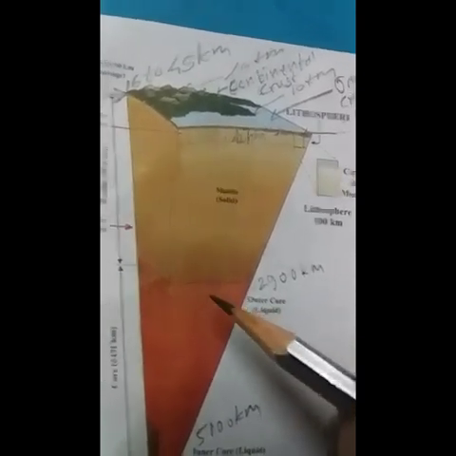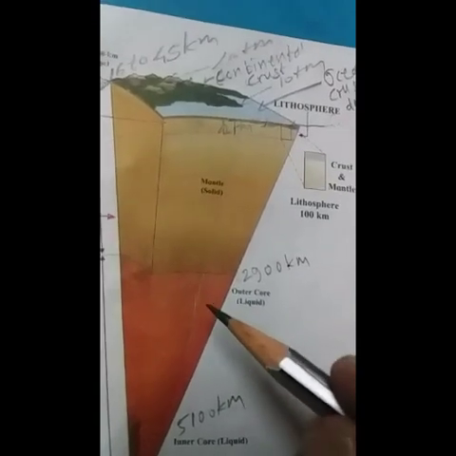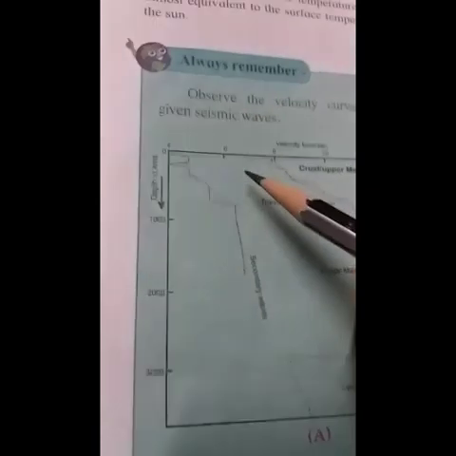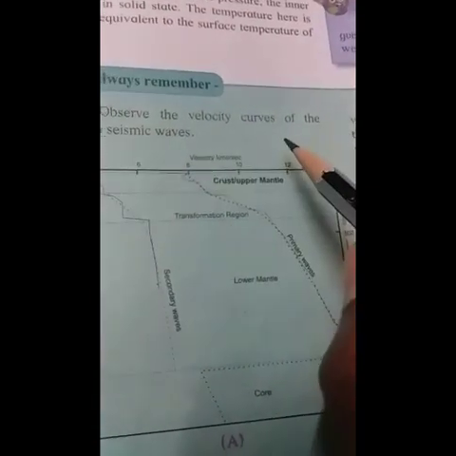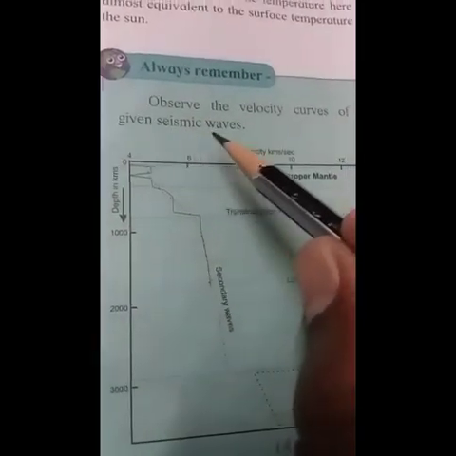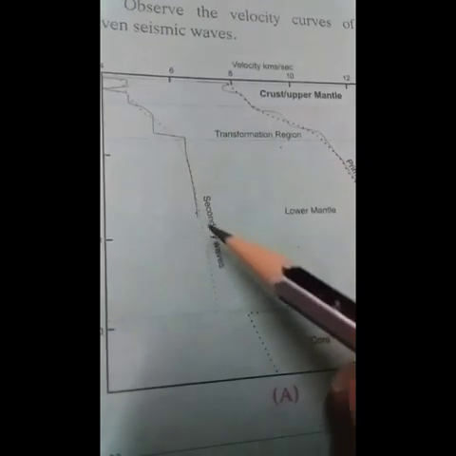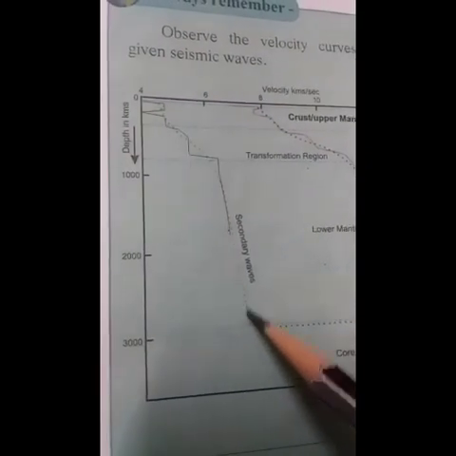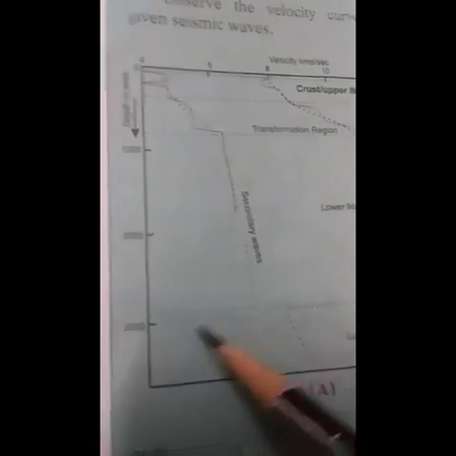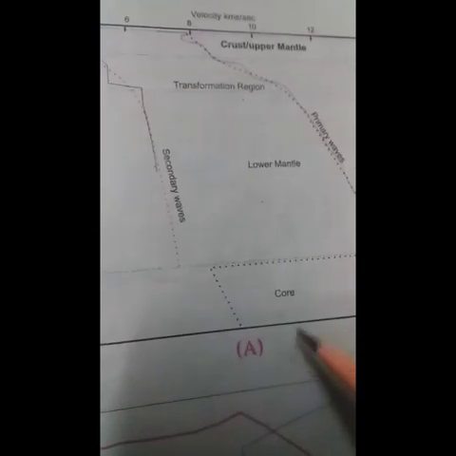The secondary waves cannot pass through the core. They get absorbed in this region. And now look at this figure of the velocity curves of the given seismic waves. Look at this curve of seismic waves. See how the seismic wave curve stops here near the boundary of lower mantle and core.